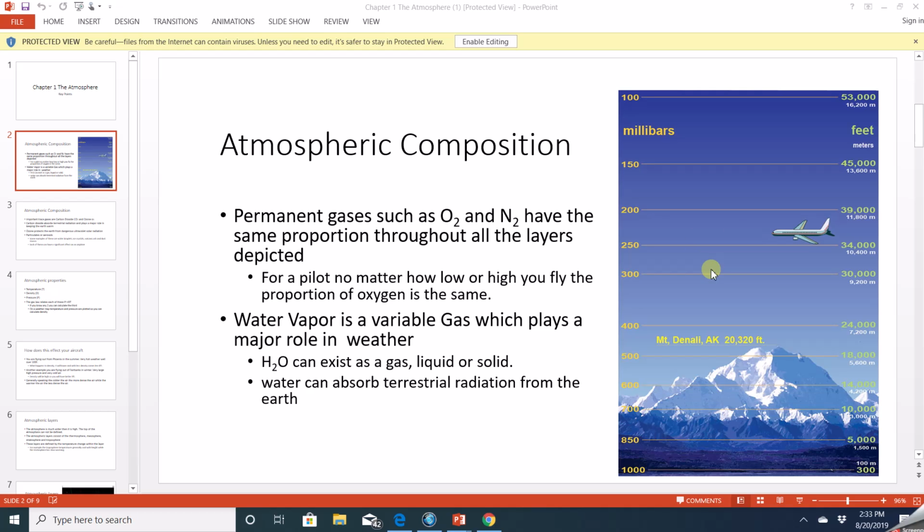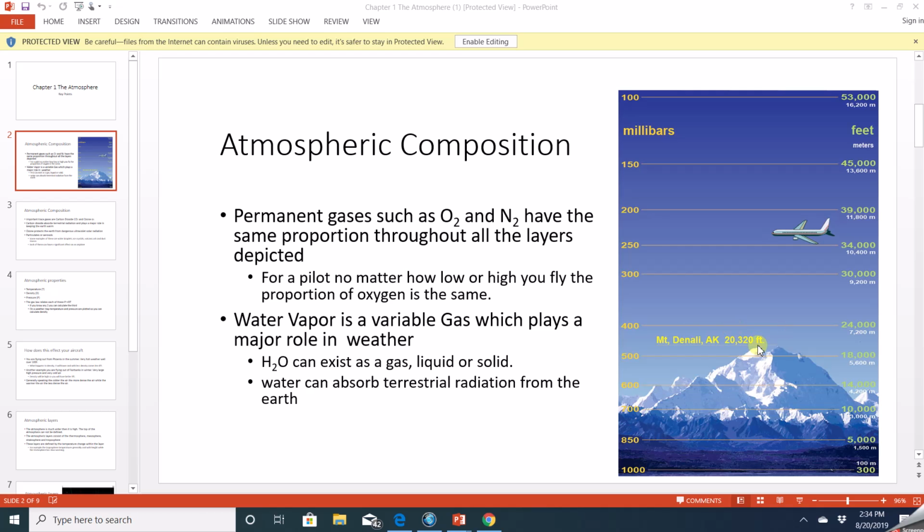It spreads out, with fewer and fewer molecules in it. So what does that mean? Well, while you have the same percentage of oxygen, the amount of oxygen available becomes significantly less the higher you go up in the atmosphere. So the percentage is the same, but the amount changes. That's just something you need to know and understand.